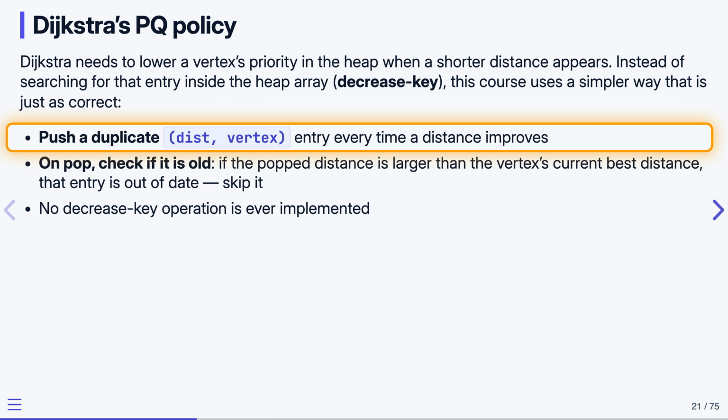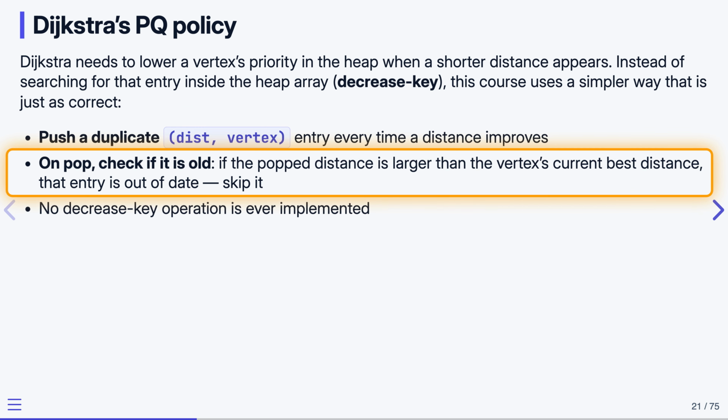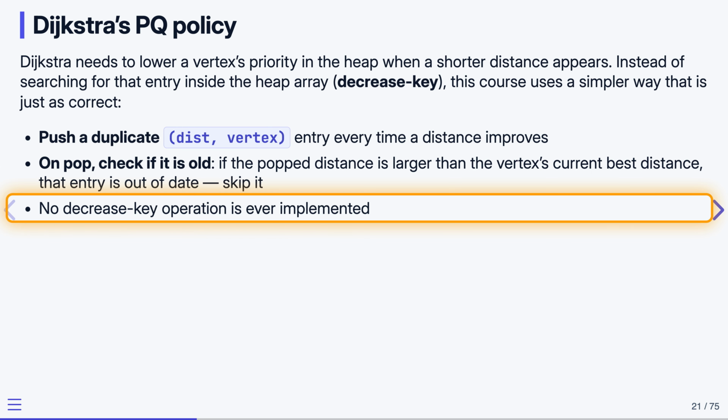Every time a distance improves, push a fresh distance and vertex entry into the heap. Second, on pop, check if it is old. If the pop distance is larger than the vertex's current best distance, that entry is out of date, so skip it. Third, no decrease key is ever implemented. We never reach into the heap to edit an entry in place.